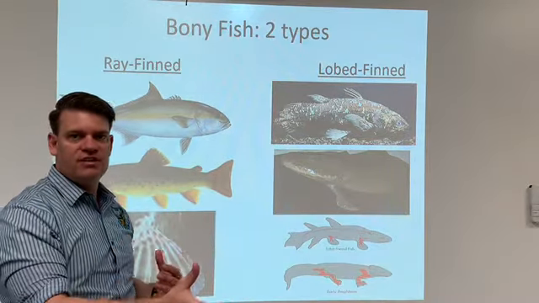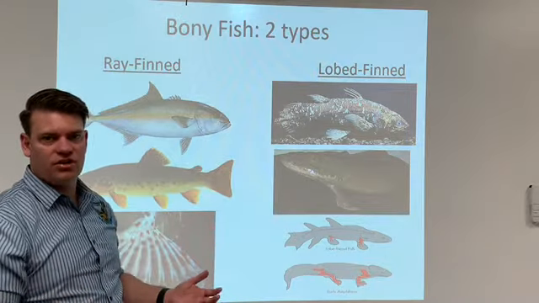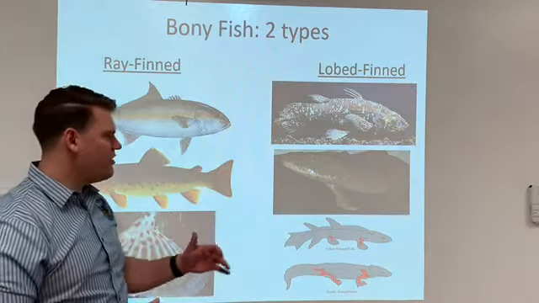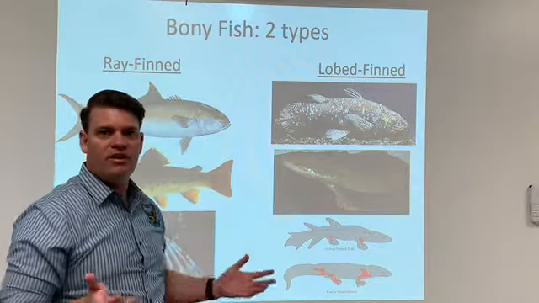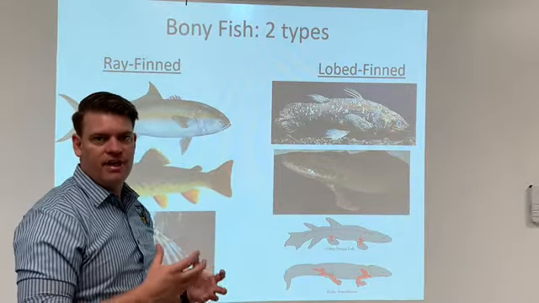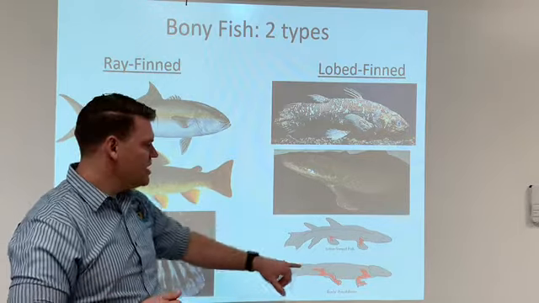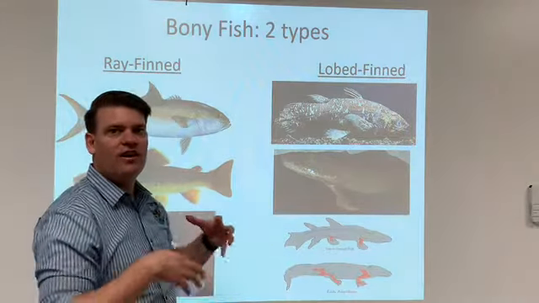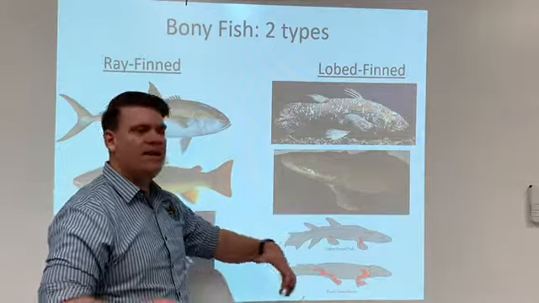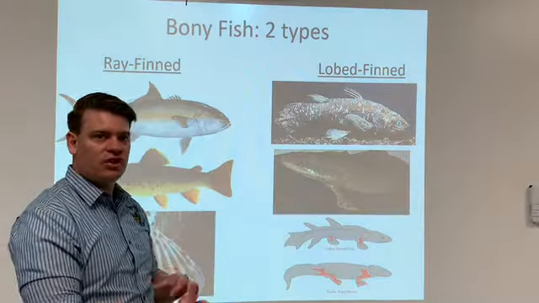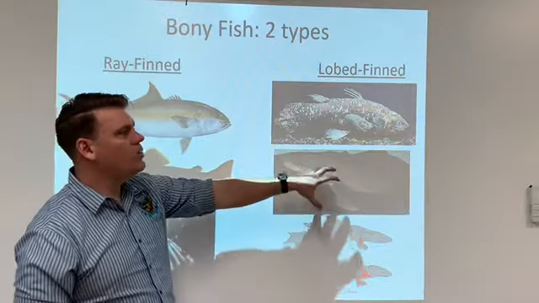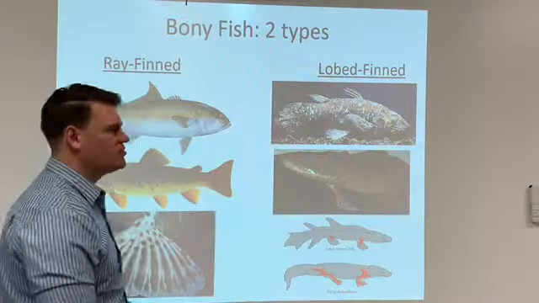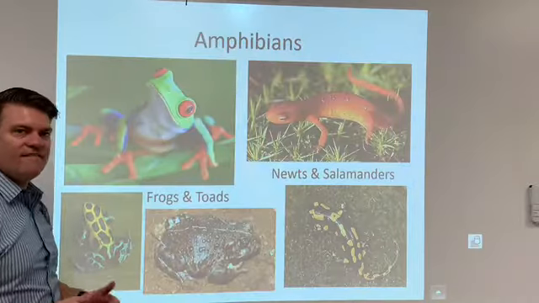Trees or plants and stuff like that had started to grow on the edges of water at that point, so they were able to go out there and maybe get food that no other animal was getting, and so it gave them an evolutionary advantage. And as they continued to go further and further out and build those limbs, and evolution worked on those that had stronger and stronger limbs, that's when you saw this evolution from being a lobe fin fish into our next group, which is our amphibians.